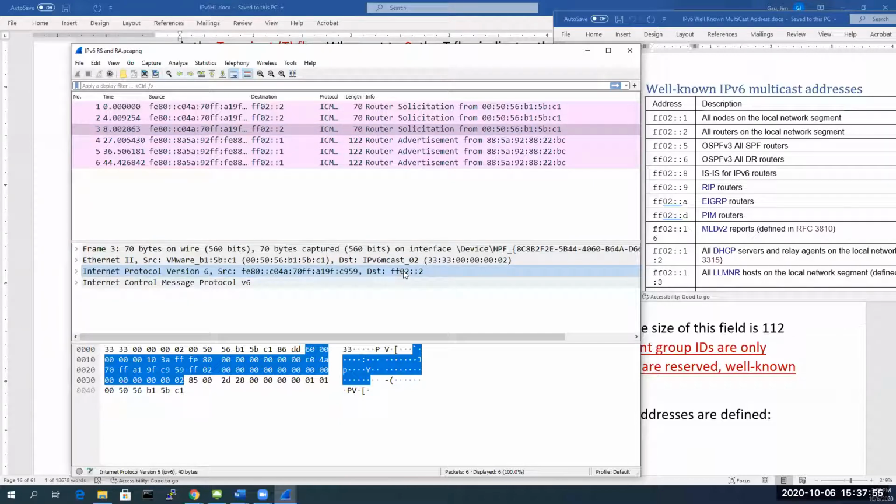You want to talk to all the routers, and you use this predefined MAC address for the router solicitation.